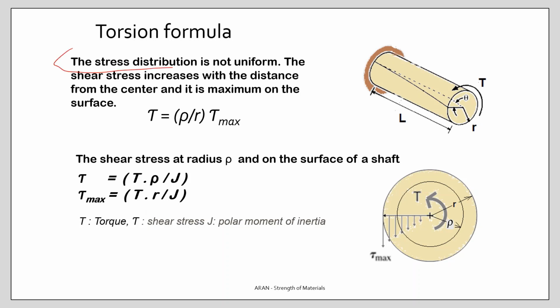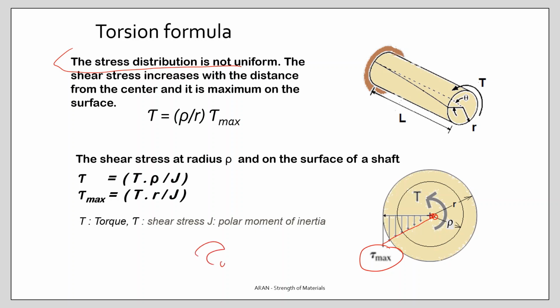In torsion, the stress distribution is not uniform. In the middle, no stress, no strain. The shear stress increases linearly with the distance from the center, and on the surface we will have our maximum shear stress.